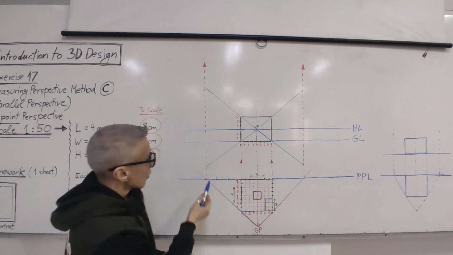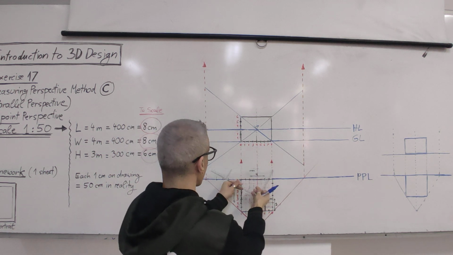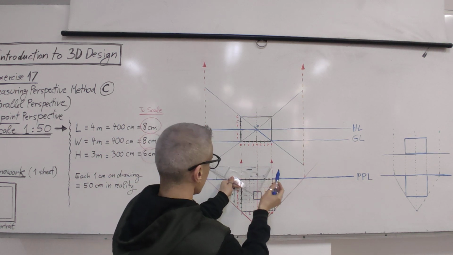Now, when these points touch these two lines, we will finish them by drawing lines that connect them.